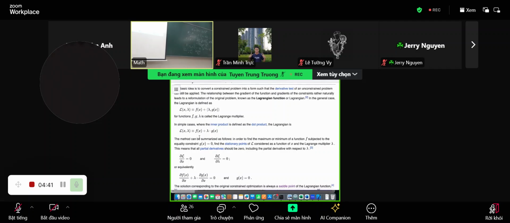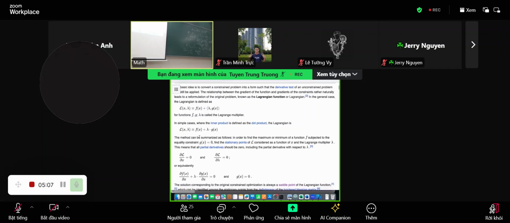So the dimension of lambda depends on how many constraints you have. So if you have one constraint, then you add one more lambda. If you have like t1, t2, you add lambda 1, lambda 2. Then if you have two functions t1(x) equals 0, t2(x) equals 0, then your Lagrangian is f(x) plus lambda 1 times t1(x) plus lambda 2 times t2(x).